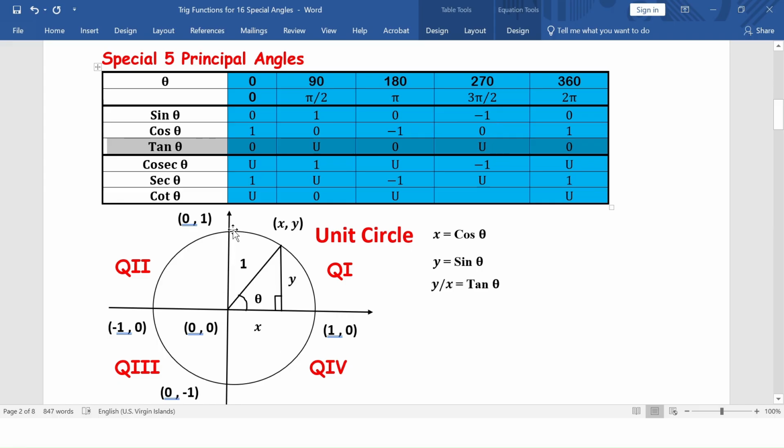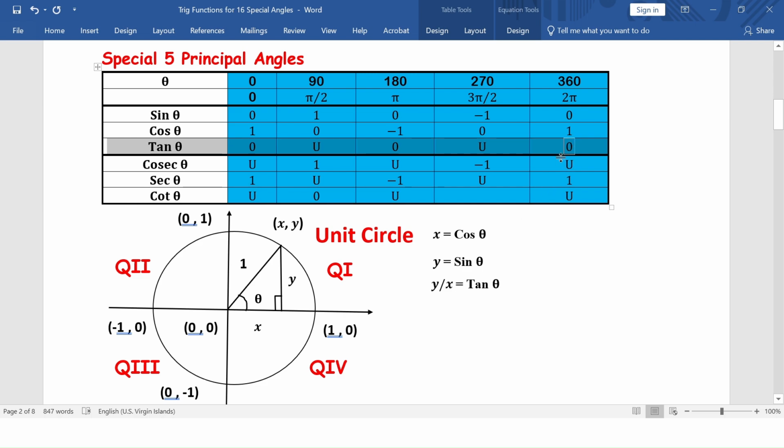So tangent will be undefined at 90 and at 270. Then if we come to 360 again, it will be 0 divided by 1, which is defined, and it is 0.